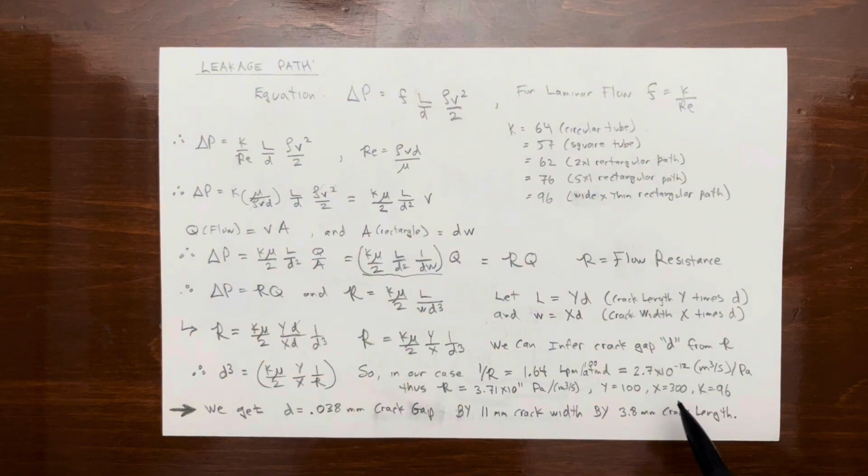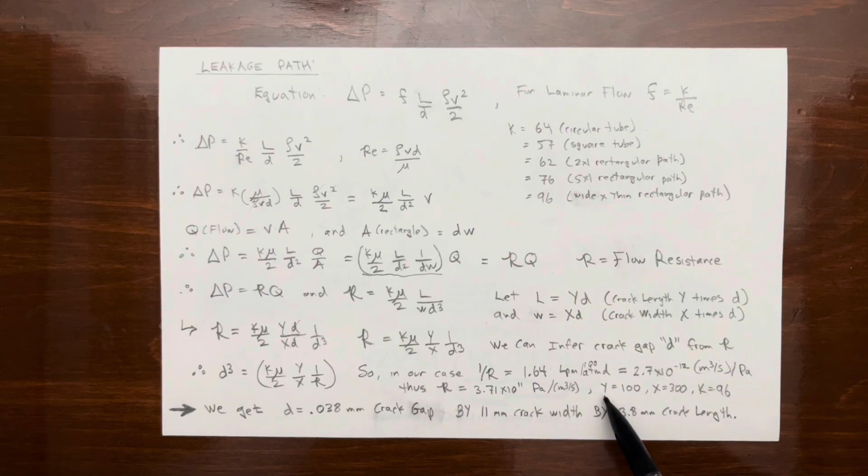I have to convert it to standard SI units, and you get 2.7 times 10 to the minus 12th cubic meters per second per Pascal of pressure differential. So you take the inverse, 1 over R, to get R. R is then 3.71 times 10 to the 11th. That's how many pascals you need to generate a cubic meter per second of flow through that geometry.